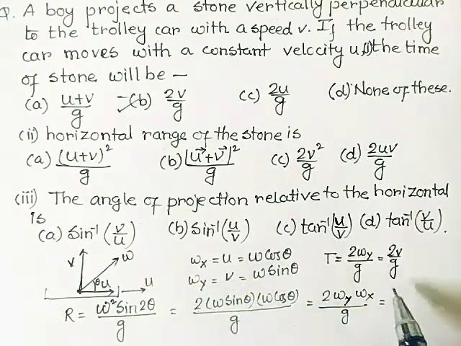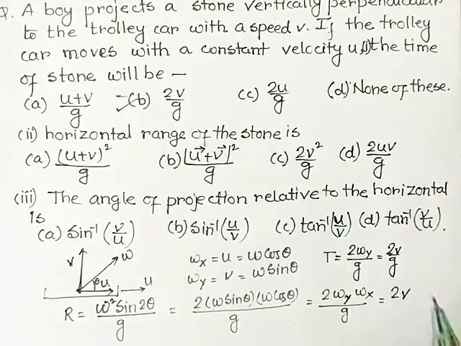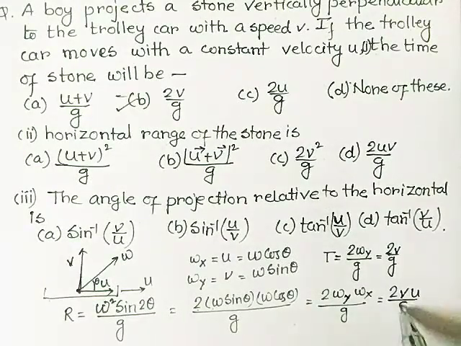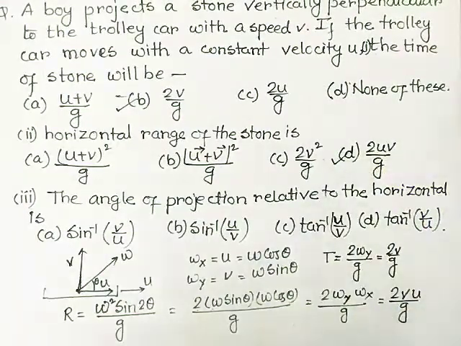Wy is basically v, and wx is equal to u, so 2vu divided by g. So it is option D.